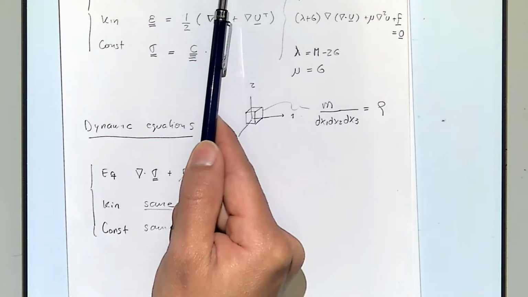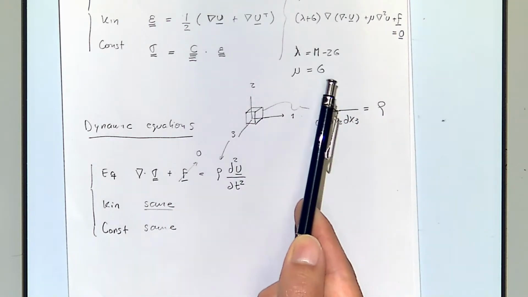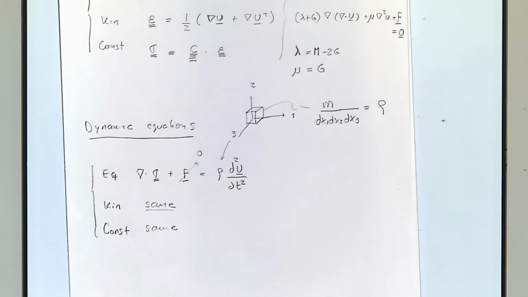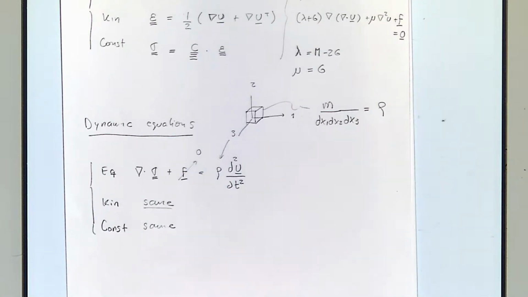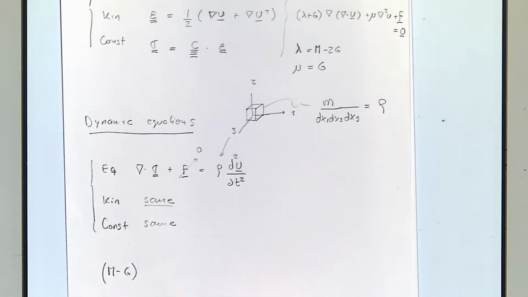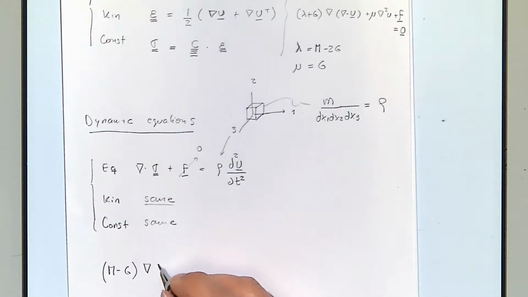And I'm going to use constraint modulus and shear modulus now. So what is lambda plus g in terms of constraint modulus and shear modulus? M minus g, right? And this part of the equation is going to be the same.